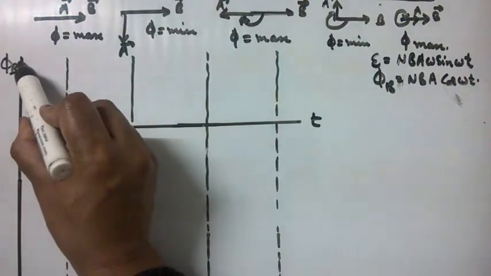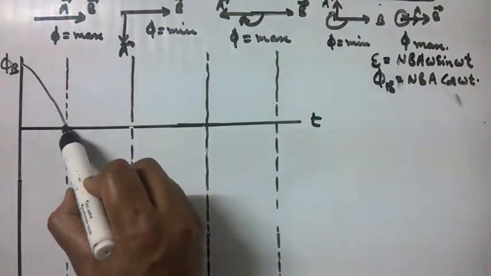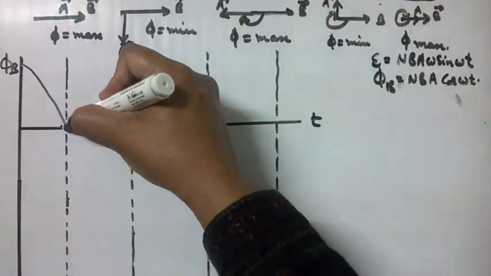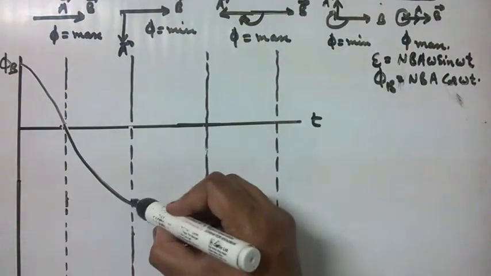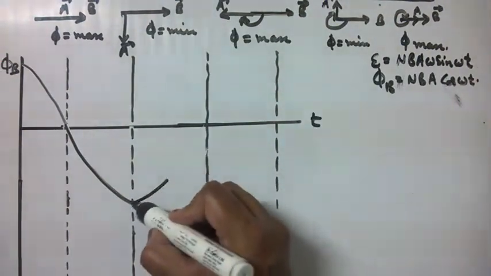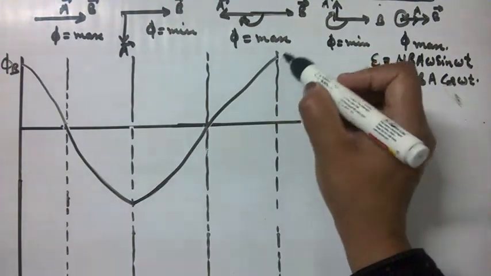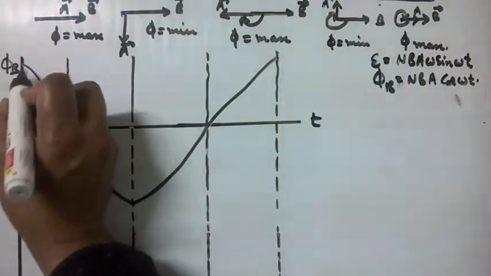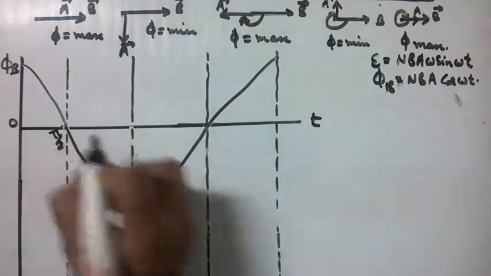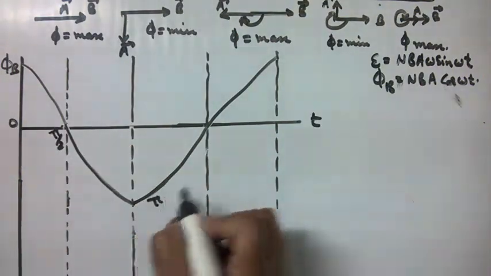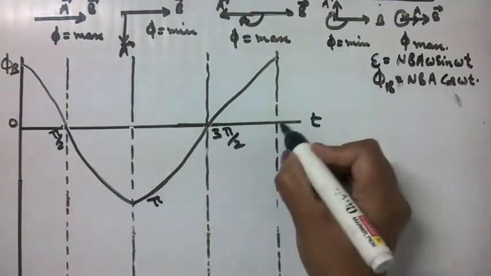Maximum flux at 0, then minimum, maximum at pi, then 0, and again maximum at 2 pi. Here it is 0, pi by 2, pi, 3 pi by 2, 2 pi.